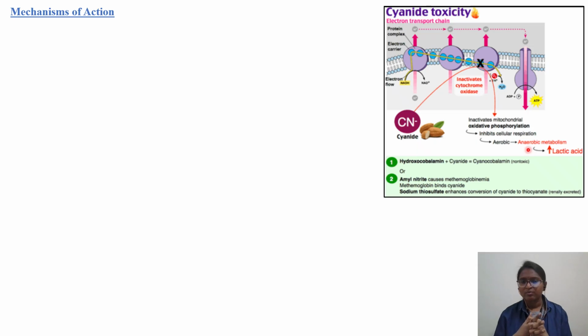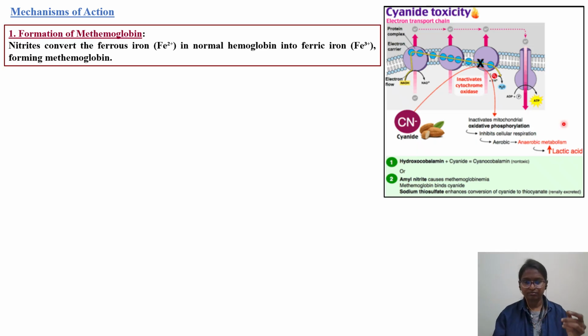Another thing you can use instead of nitrates, I will tell you. Let's first understand the mechanism of nitrates, which has 4 steps. First, formation of methemoglobin. Nitrite will convert the Fe+2 in normal hemoglobin into Fe+3. Normally it is Fe+2, but in methemoglobin you are converting it into Fe+3.